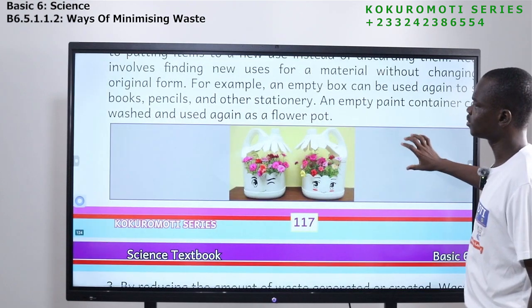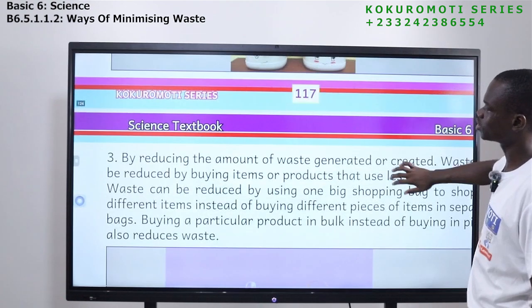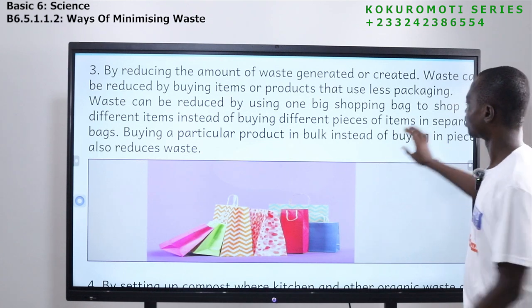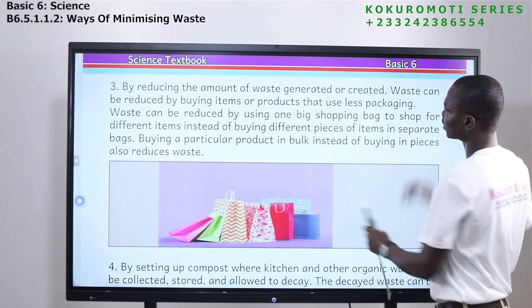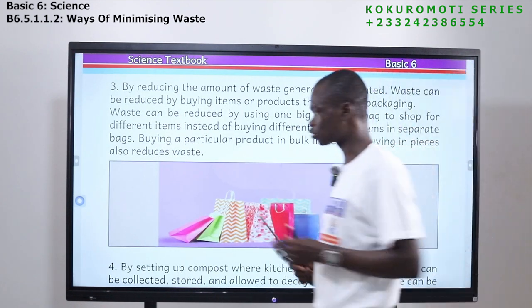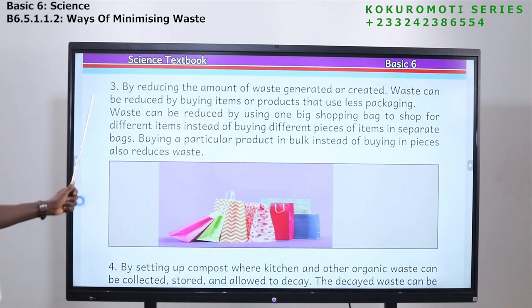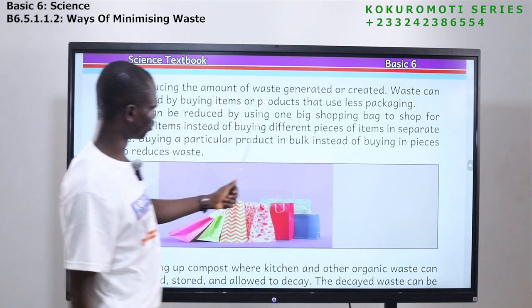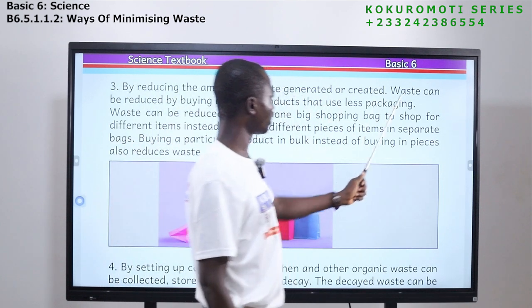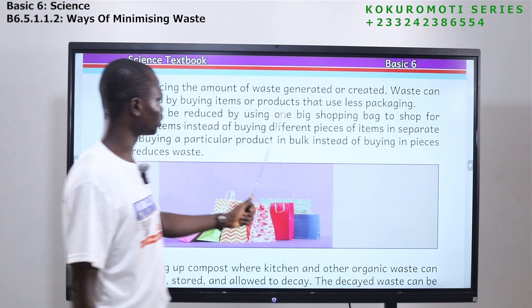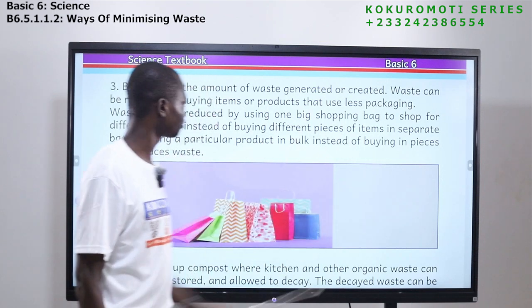We have seen recycling, reuse, and then the next one is reduce. Another way to minimize waste is to reduce the waste that we generate. So let me read. By reducing the amount of waste generated or created, waste can be reduced by buying items or products that use less packaging.